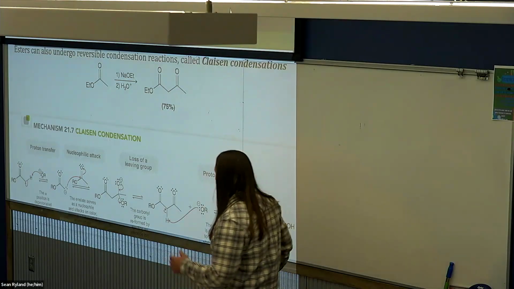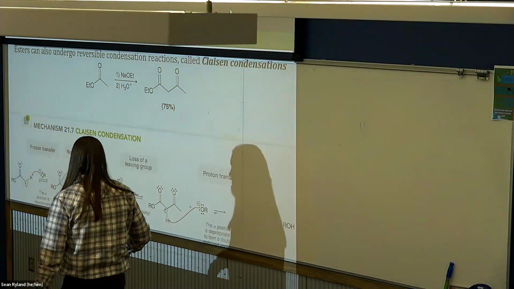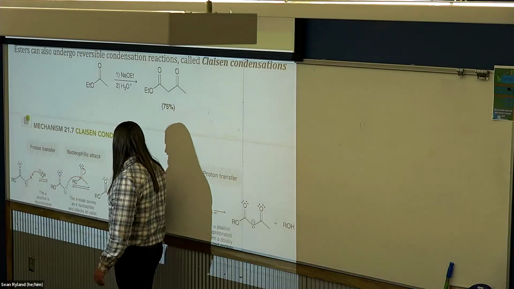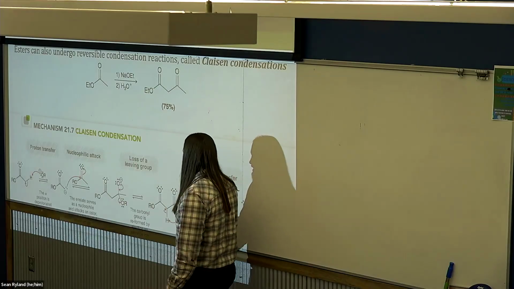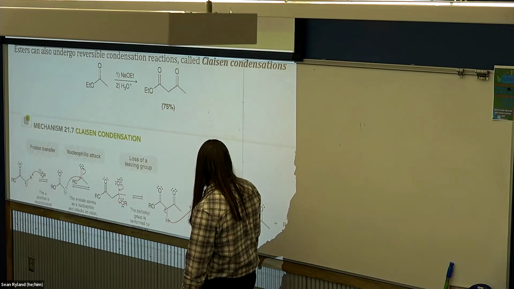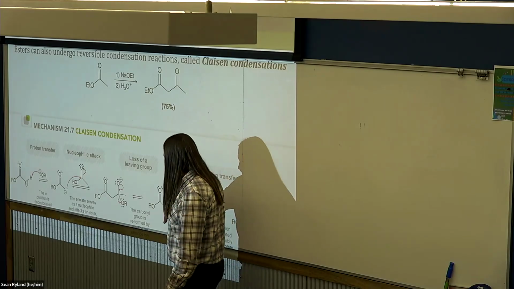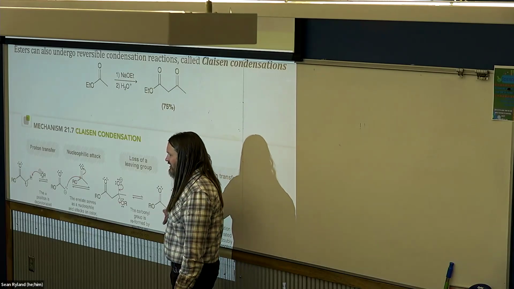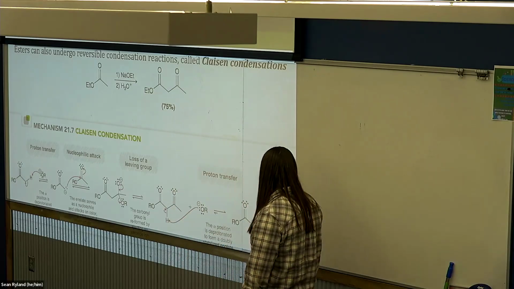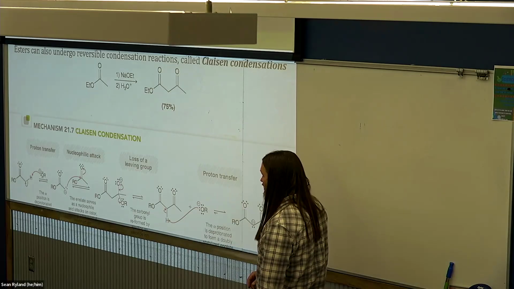All right, so here's just our cleaned up mechanism. It's exactly what we just drew though. Make your enolate, it attacks the molecule itself, tetrahedral intermediate, leaving group leaves. Then we do have an alpha carbon that is stabilized, so it actually is pretty easy to turn that into an enolate as well.